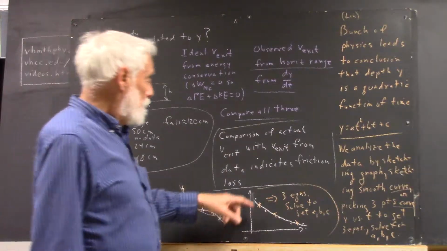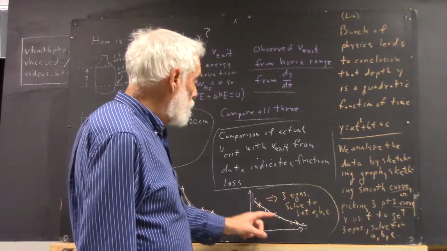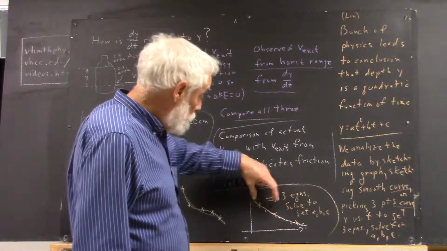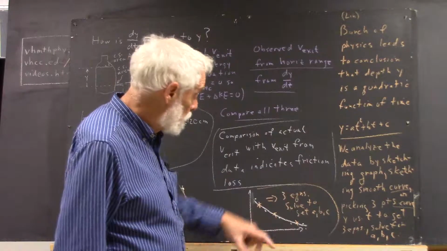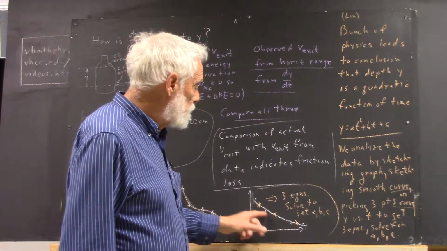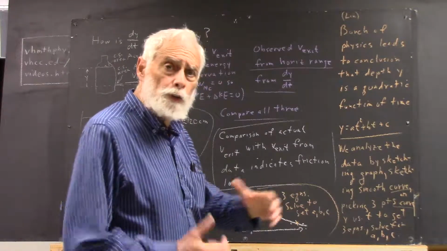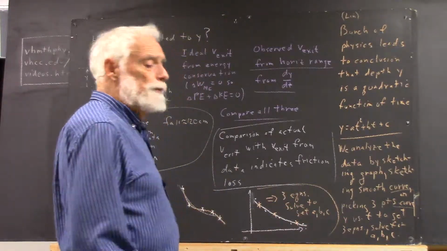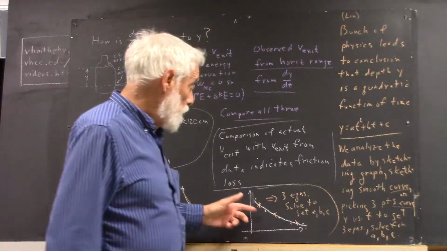So we take our data points, like on a graph here, and we pick 3 representative points. Not 3 points just on this section of the curve, not 3 points just in this section of the curve. 3 points that are kind of well spread out, 3 points that we're pretty confident indicate the trend of the curve. Now there's an art to picking those points, there's actually science to picking them, and we're not going to worry about that.